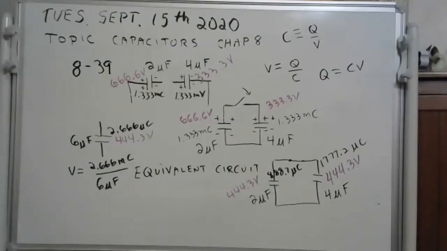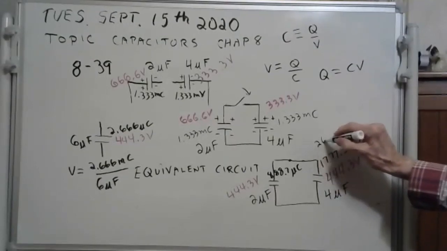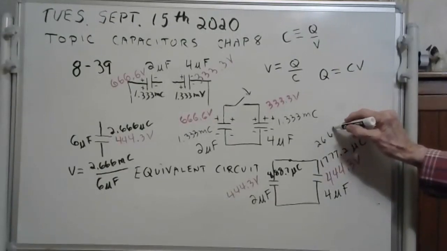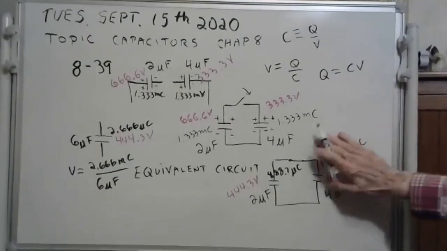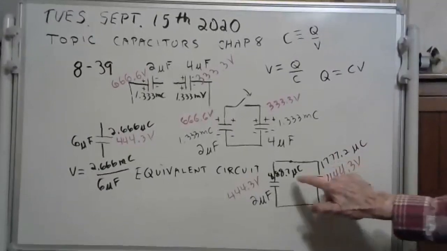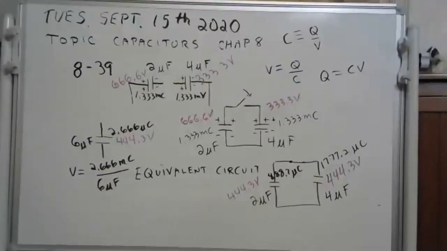I don't know, my brain is mush. I'm trying to add these two, and it should give me the same total charges because they can't really go anyplace. And if I did that right, let me add those up. 1777.2. It does give you the right answer, but it only gives you the answer of the two numbers added together. Yeah, that's exactly right.